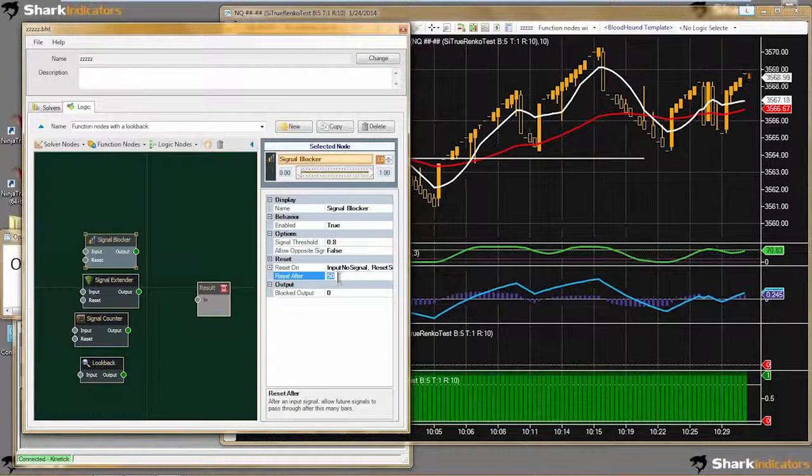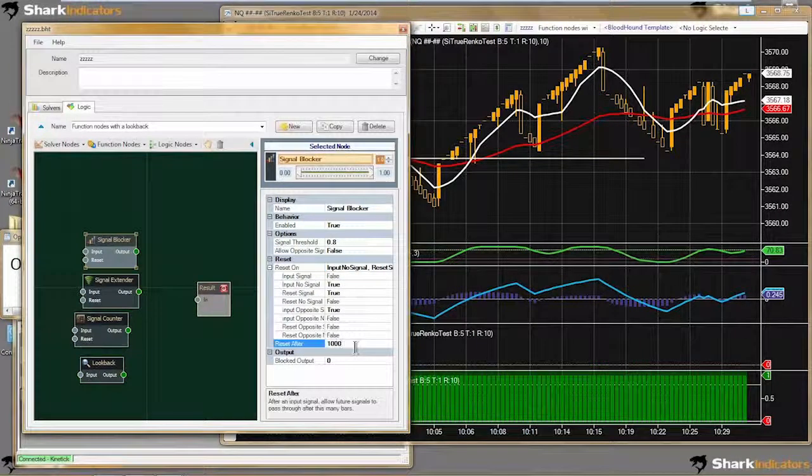But if you're in the habit of just throwing in 1,000 bars just to be absolutely positive that you're going to be blocking signals in all cases, then I would suggest, maybe don't get in the habit of putting 1,000 bars in there.